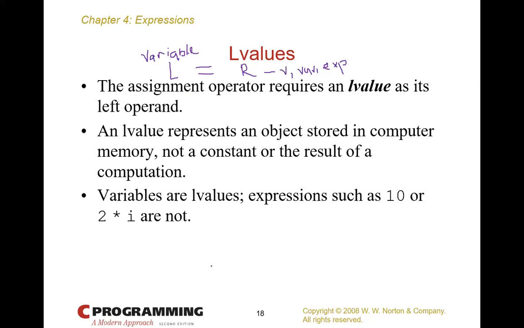So what it means is that you can have a variable on the left-hand side of an assignment operator. You can have a variable on the right-hand side also. So you can have x is equal to y. This is fine. We can have x is equal to 7. This is fine. You can even have a function call.